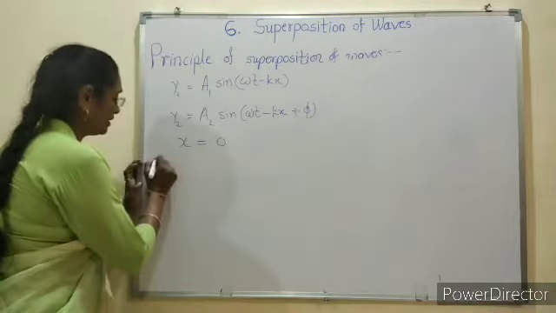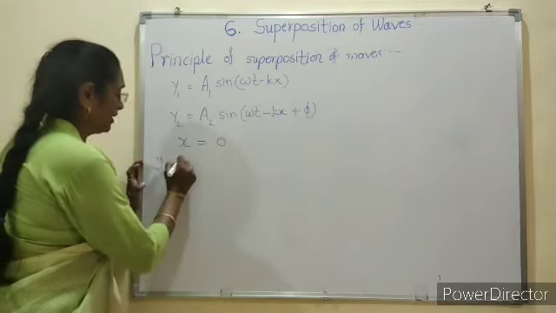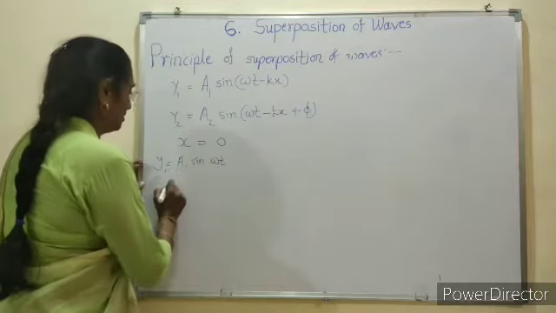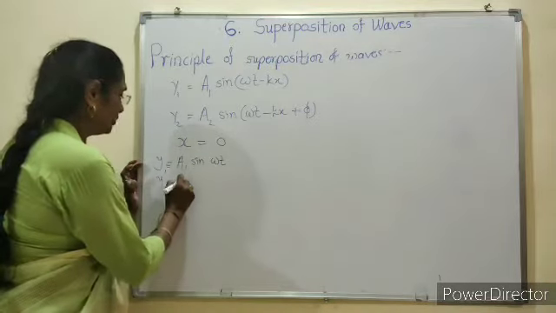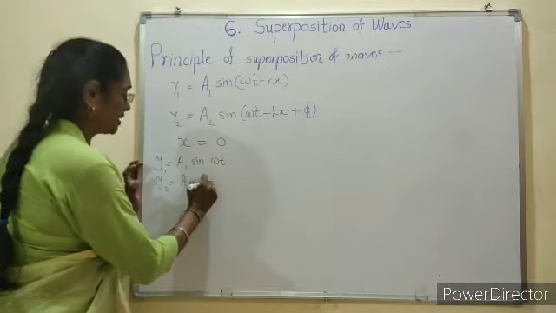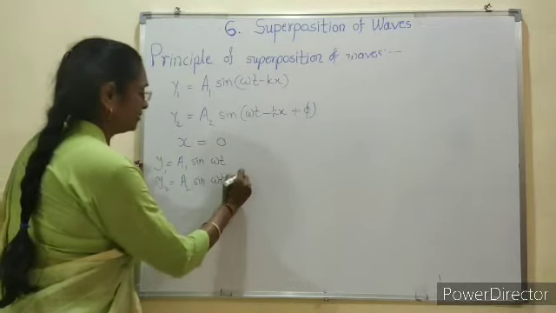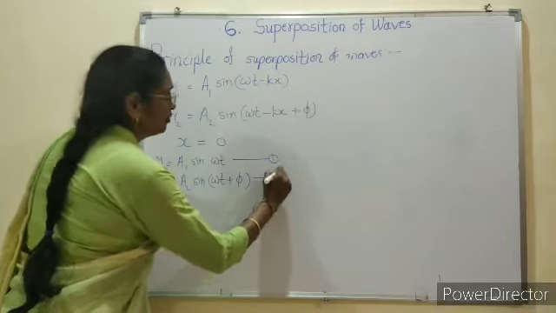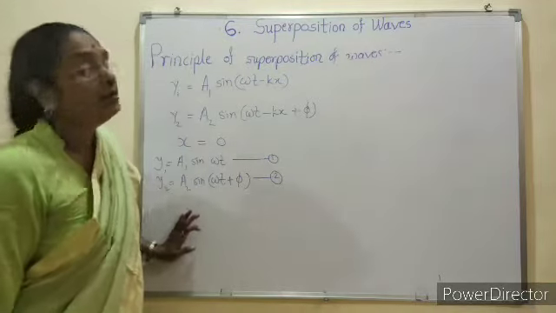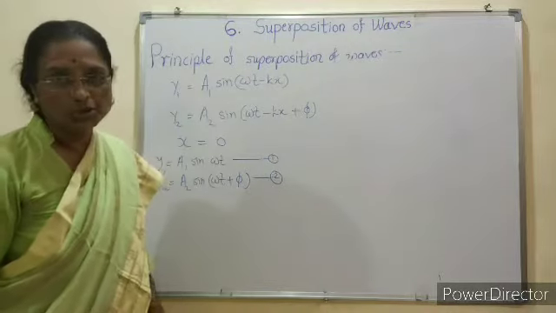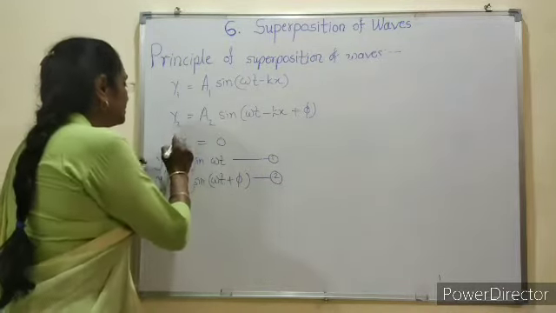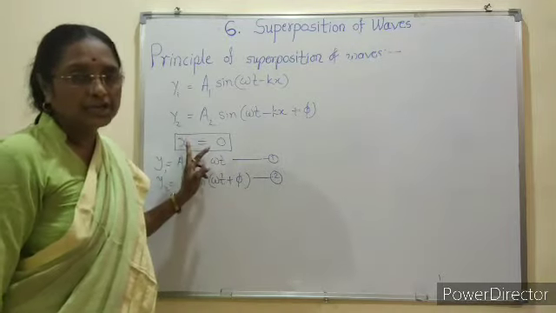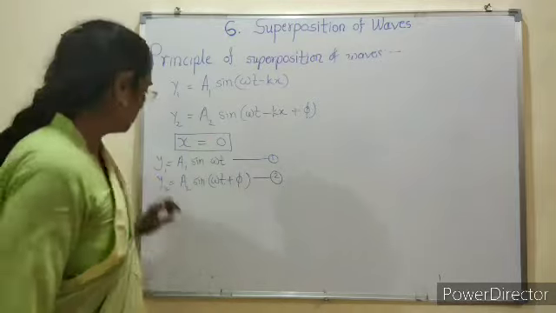Then y1 equals a1 sin omega t, and y2 equals a2 sin(omega t plus phi). This is our first expression to apply the principle of superposition, because we are considering the point at which x is equal to 0.